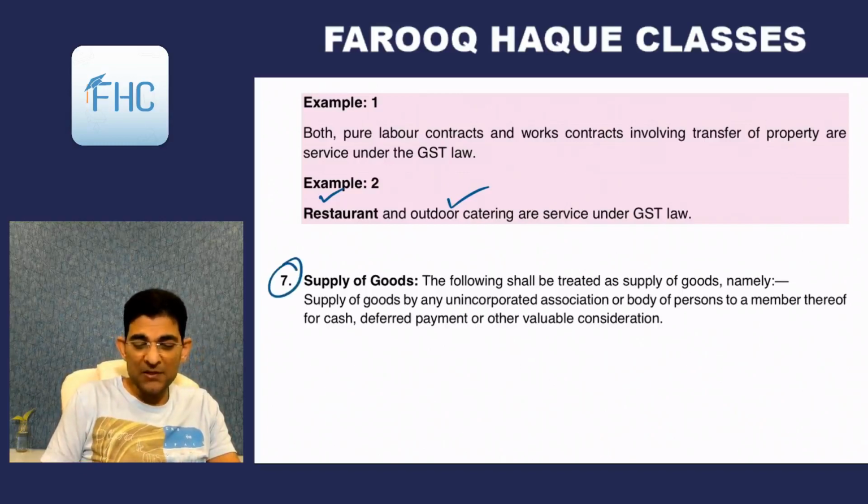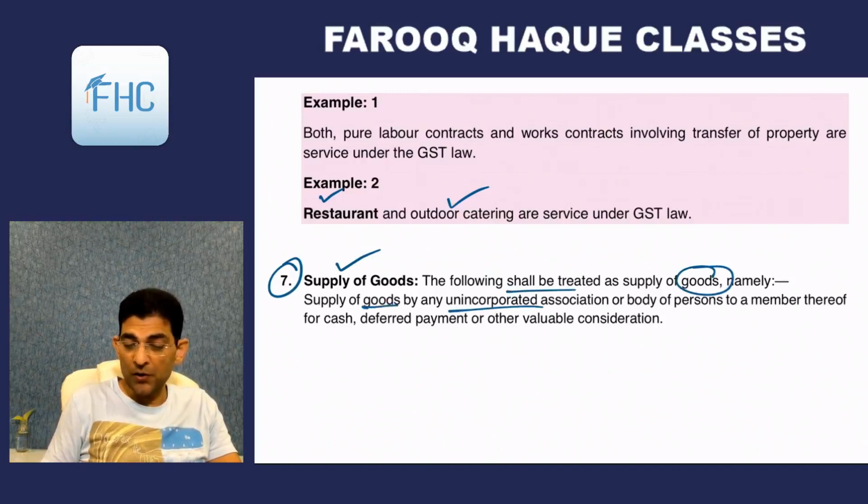Then next is point number 7, supply of goods, pure goods. It says the following shall be treated as supply of goods, namely supply of goods by an unincorporated association or body of persons to its members for cash, deferred payment, or any other valuable consideration.